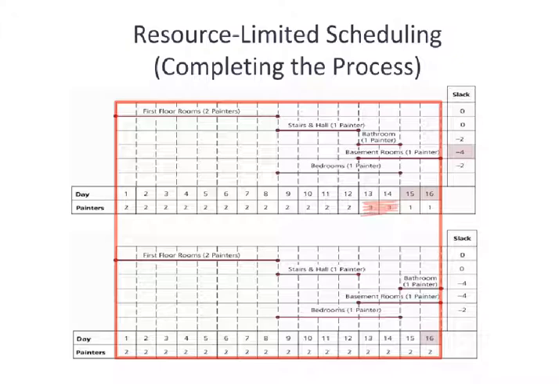So what we need to do now is shift 1 more item. Well, the item that has the greatest positive slack, that is also the smallest item, is going to be the bathroom. Now, keep in mind, these here, yes, they have larger positive slack in the sense that they're not negative, but because of their duration, to shift them over would lead to more problems than good.